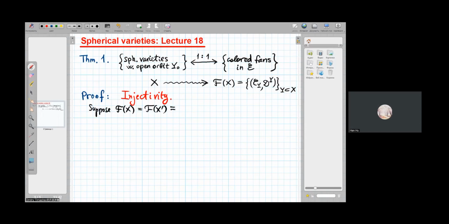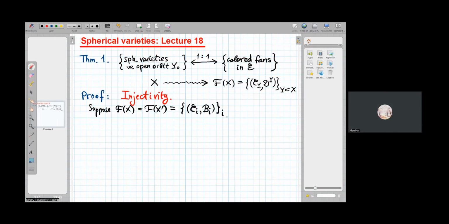And let me enumerate the colored cones in this fan by some index I. So the colored cones are Ci, Bi, where Ci is a pointed cone in the vector space E such that its relative interior intersects the valuation cone, and Bi is a certain subset of colors.